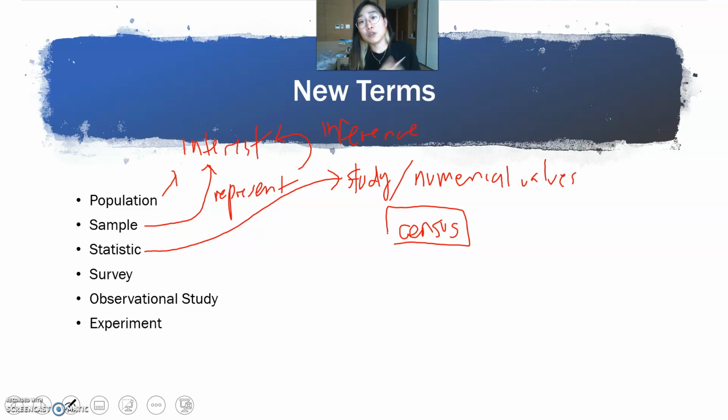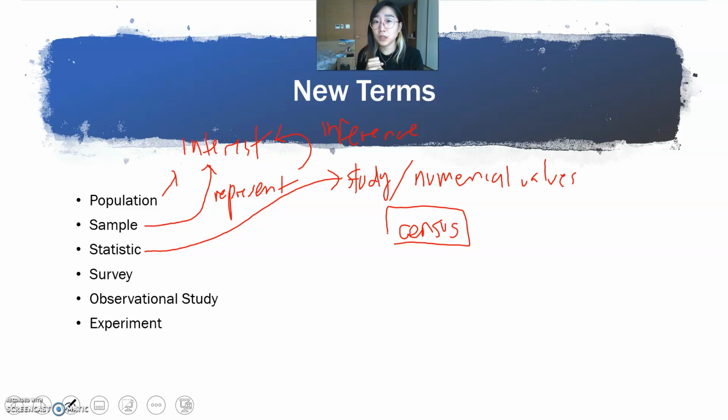Census basically means that you are reaching out to every single individual in your population, and you gather all the data and you say something about your population. And it is, in a way, the most accurate way to know about your population, because you're not leaving anyone out.